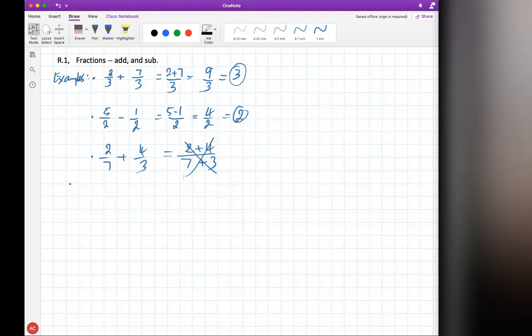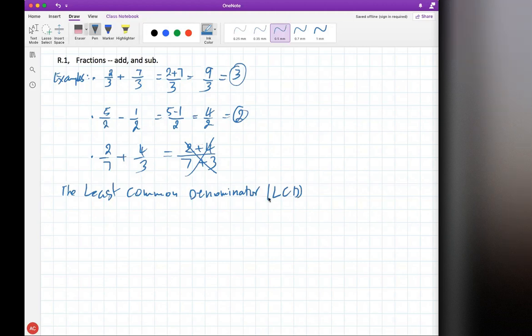We need to find a common denominator to add. That's right. So we need to find what we call the least common denominator, also known as the LCD.